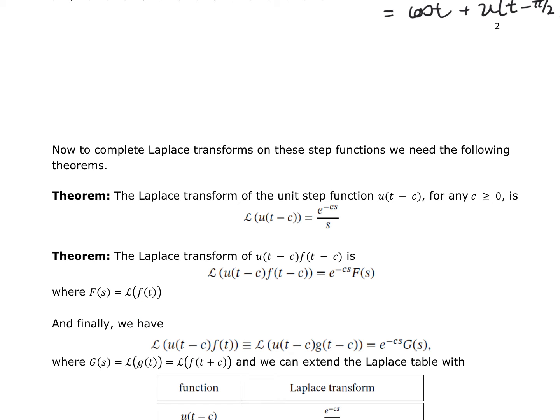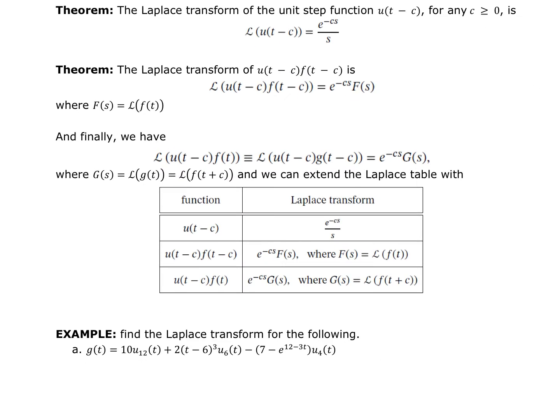And lastly, we have the Laplace transform of u of t minus c f of t is equal to the Laplace transform of u of t minus c g of t minus c. Notice how I went from f of t to some other function of t minus c, so that we can go from there to e raised to the negative cs of cap G of s.